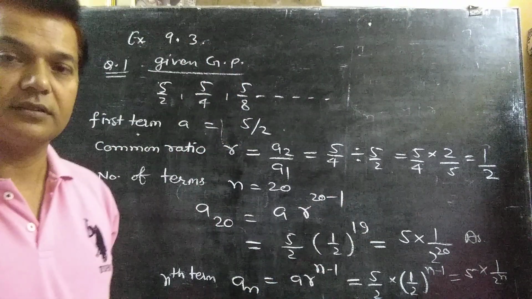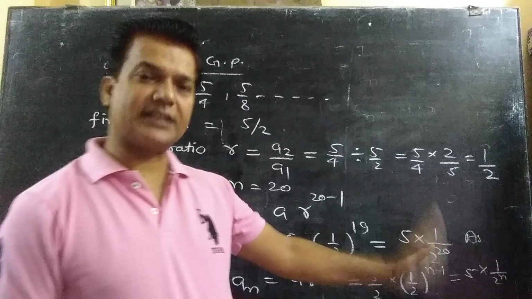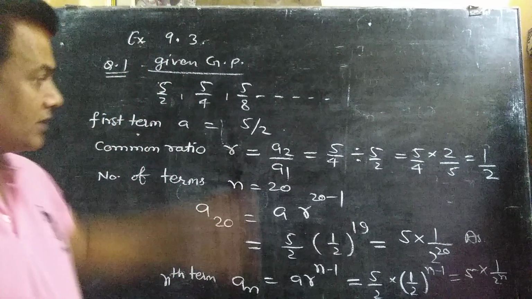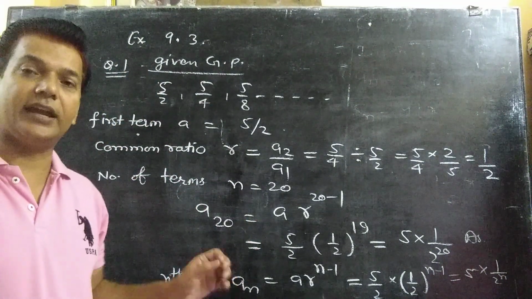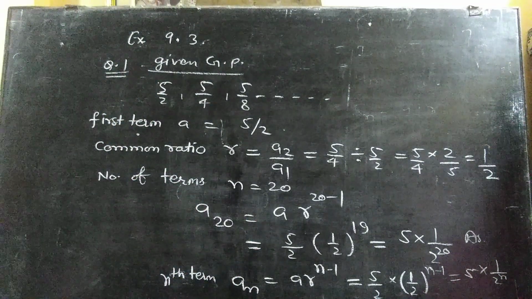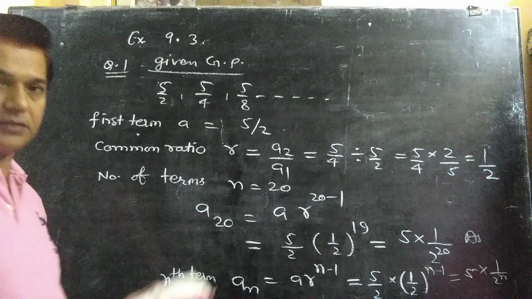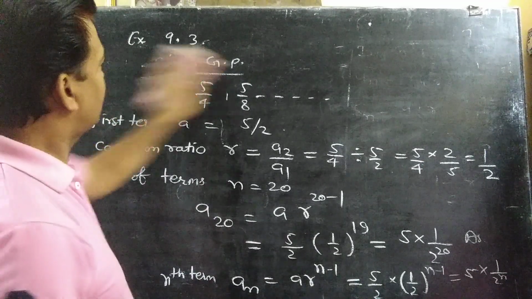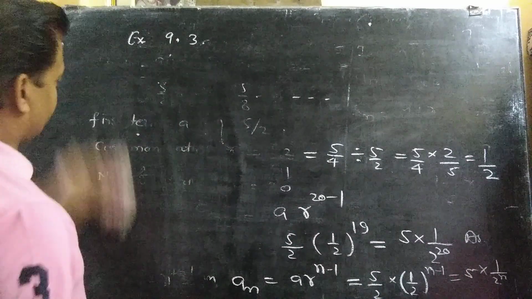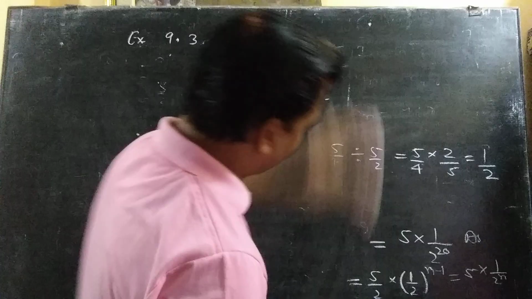That's all. जैसा इसमें किया वैसा इसमें कर. So this is the way to find out the nth term. तो ये अपना जीपी का पैटर्न है जिसको अपन यूज करते हैं.